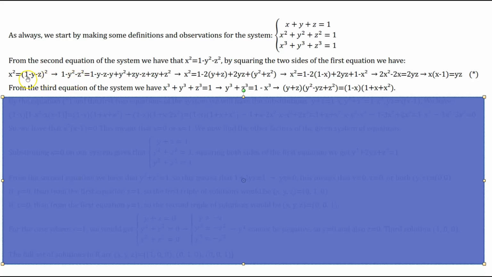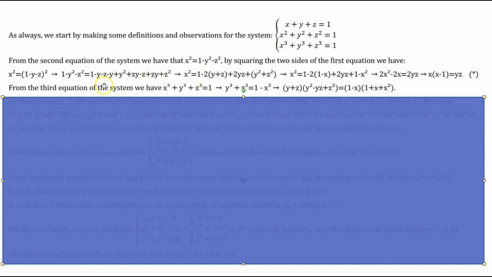for the expression on the right hand side, (1 minus y minus z) all squared, we now expand and we will have the factors 1 minus y minus z minus y plus y squared plus zy minus z plus zy plus z squared. And now we will take all the values of y and z on the right hand side.